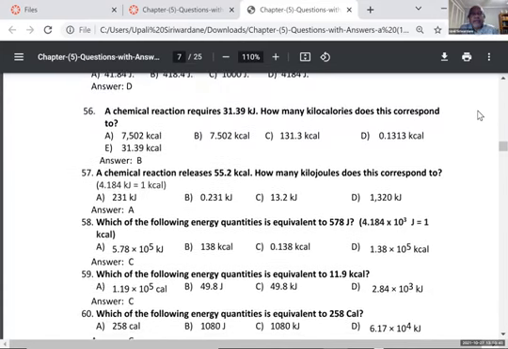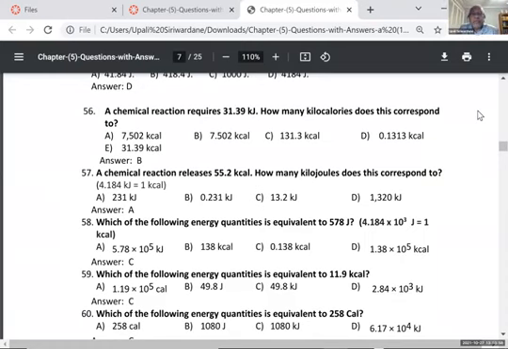A chemical reaction requires 31.3139 kilojoules. How many kilocalories does this correspond to? So you divide by 4.184.